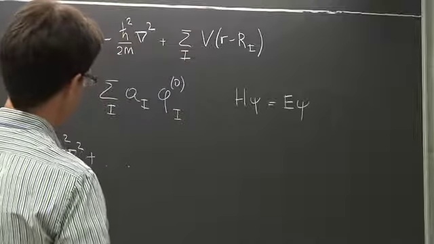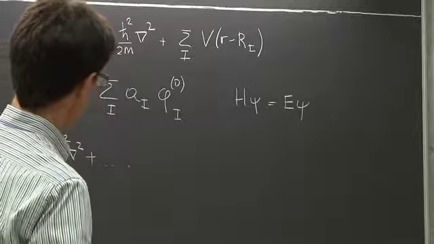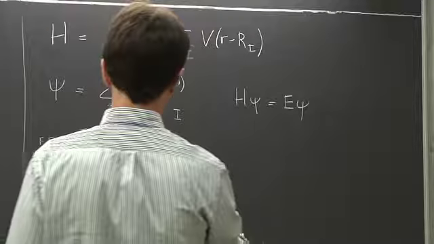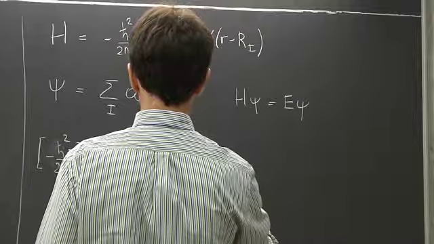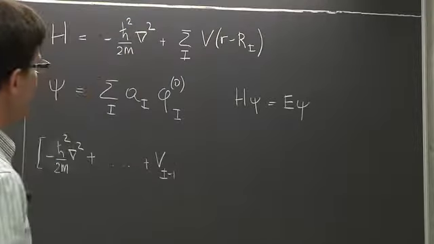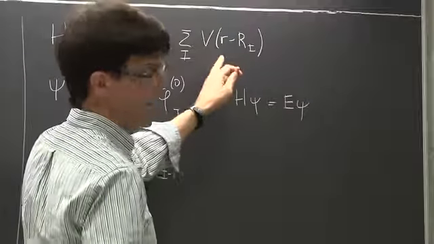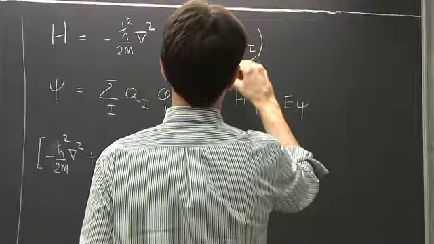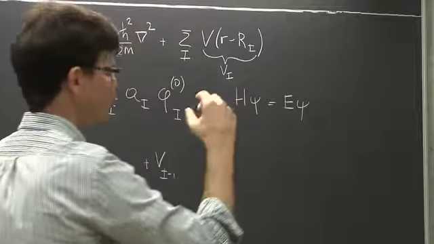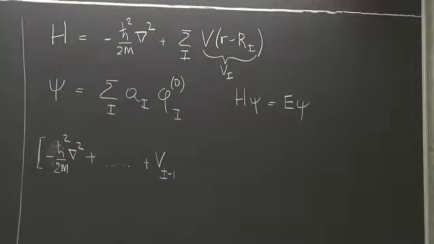So we have an infinite sum. There will be a term, at some point, Vi minus 1. Allow me to compact a little bit the notation. So I'm going to call this one Vi. What I mean is the Coulomb potential centered at site I.